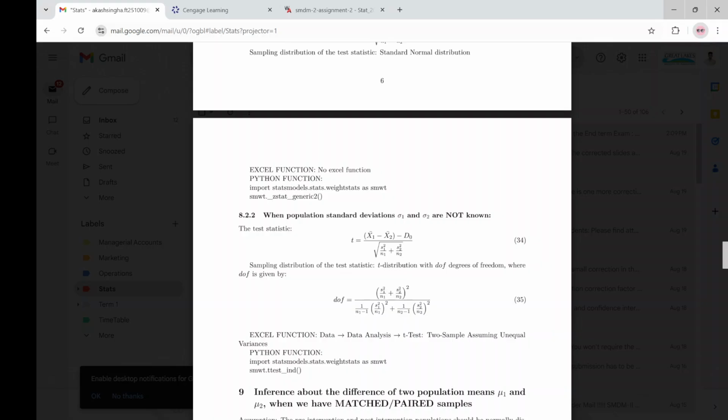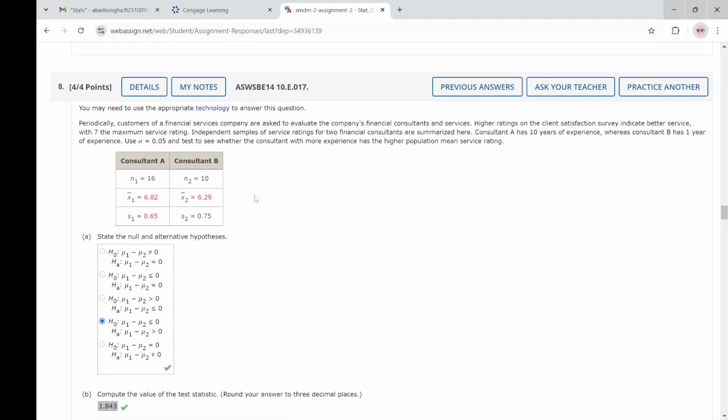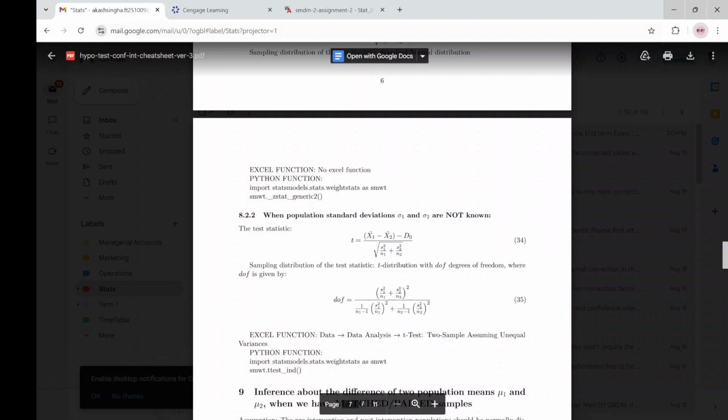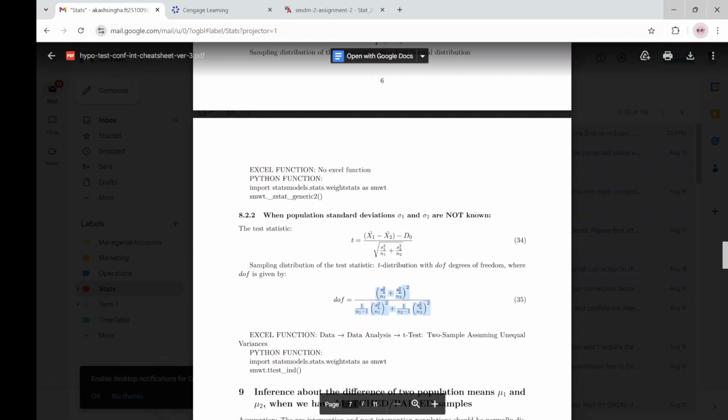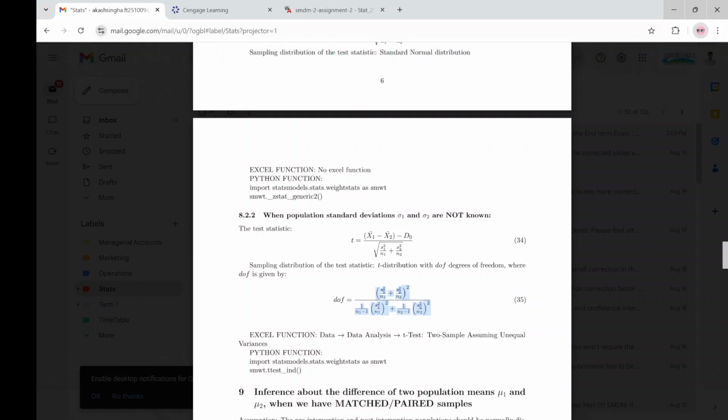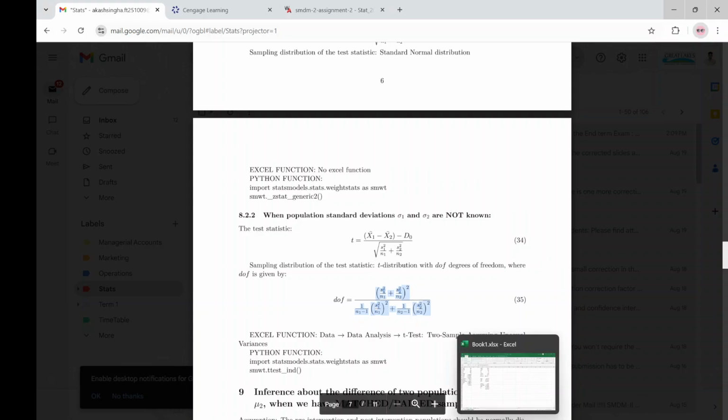Let's calculate the degree of freedom first. Here also d value is 0, right? Because the hypothesis testing is 0. So, okay, makes it a little simple, but anyways. First of all, the t df is s1 square by n1 plus s2 square by n2, whole square.